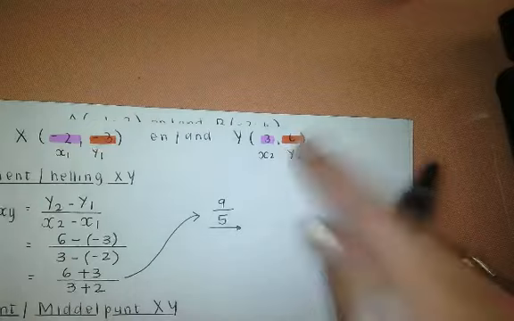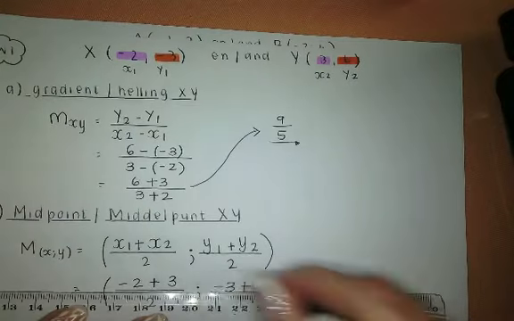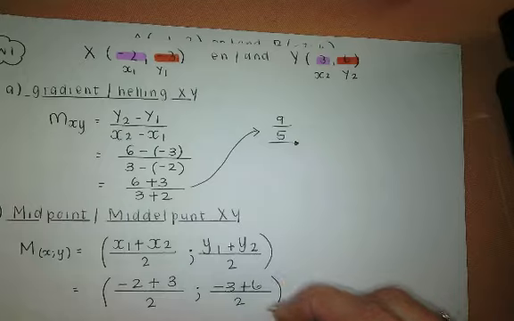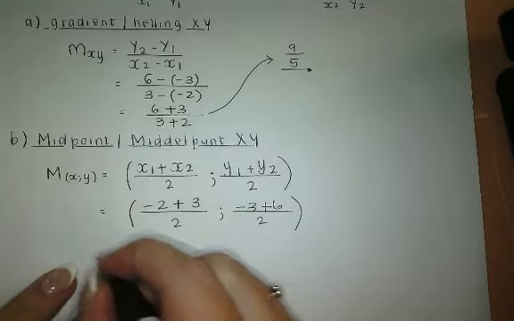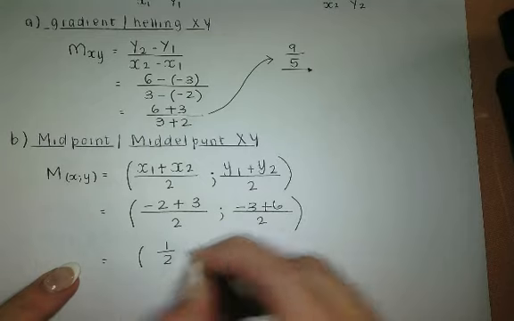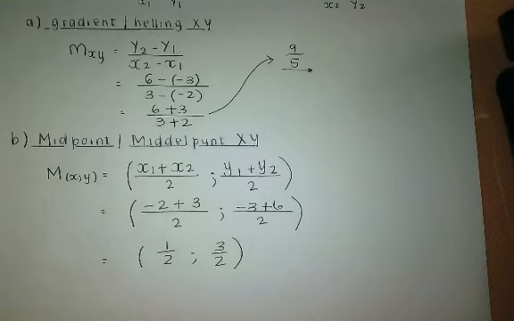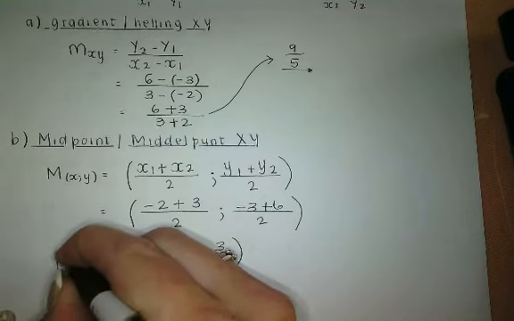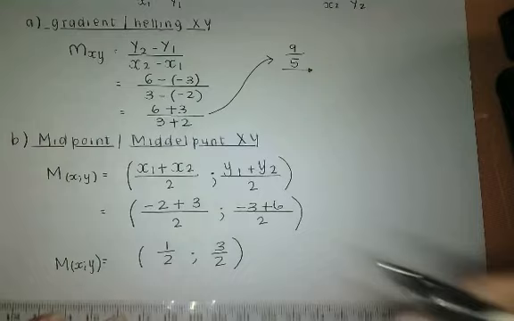Negative 3. And what is y2's value? Plus 6. So this is going to be a half and 3 over 2. There's the midpoint, the coordinates of the midpoint.